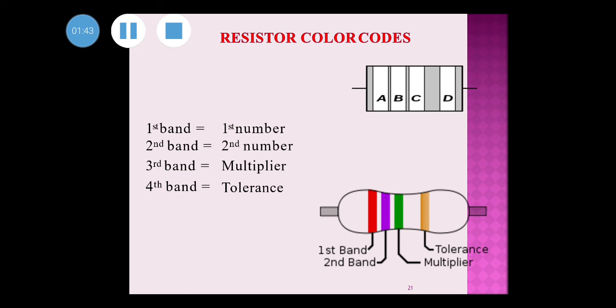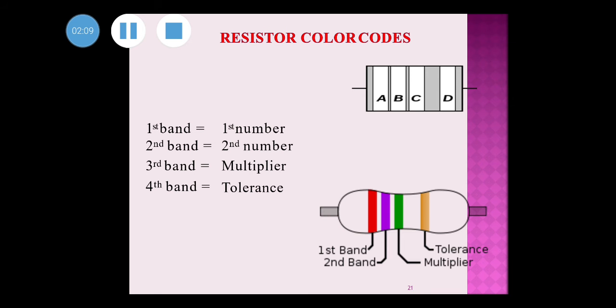Here you can see there are 4 colors, and 3 colors are close to each other, and the last color is a little far away from these 3 colors. The first color band gives the first number of the resistor.